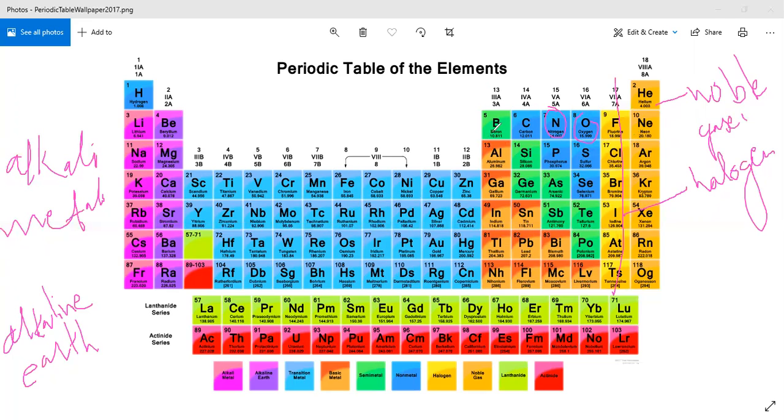The electronic configuration of the boron family elements ends at ns2 np1.